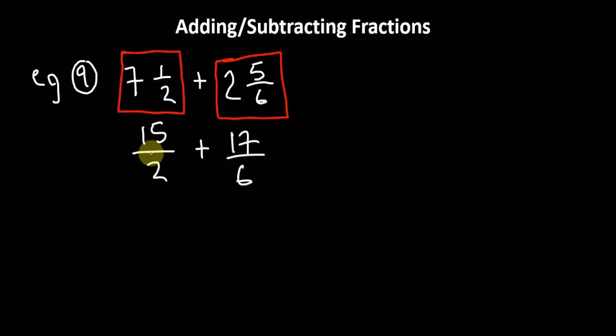Now from here we can either go down the LCM route, or we can apply the whole concept of equivalent fractions. If we apply equivalent fractions in this case, it doesn't have to be like the previous examples. What do I mean by that? Of course we can multiply this side by 6, both top and bottom by 6, and this side both top and bottom by 2.